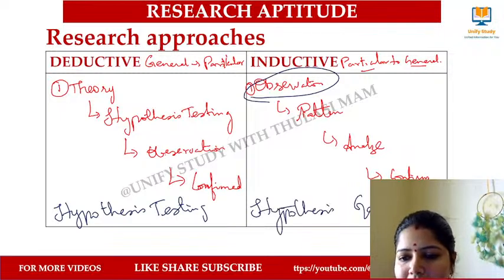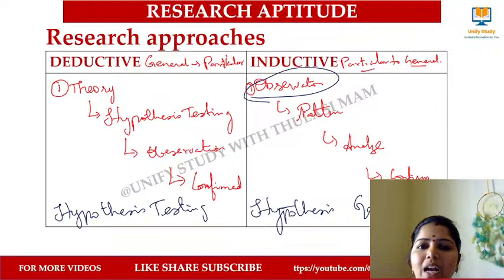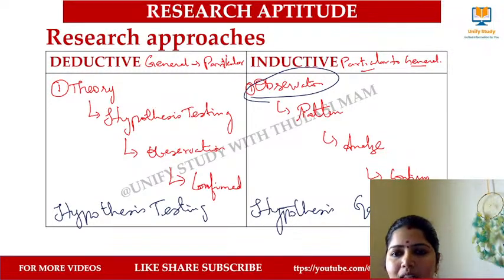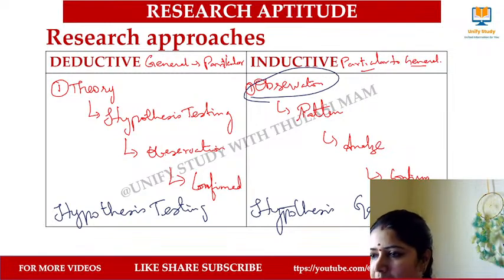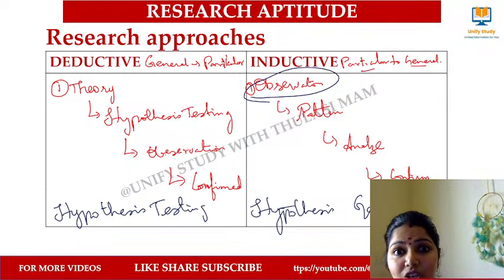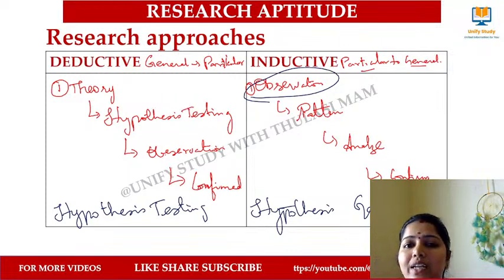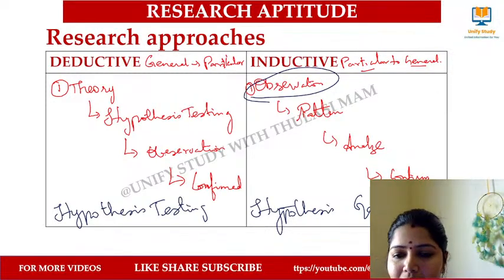Hypothesis testing is part of deductive research. Hypothesis generation is part of the inductive approach. Why? Because they get into the people, try to know about them, and then generate ideas. With those ideas, they generate a hypothesis, and that is hypothesis generation in inductive research.